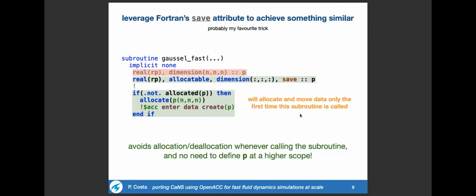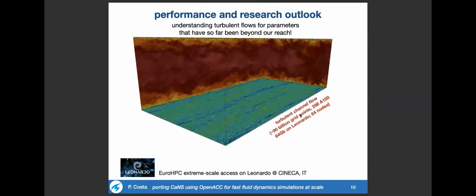And yeah, so now we are really happy because after all this effort, we have reached a really highly performing Navier-Stokes solver, and we got computing time on Leonardo, a EuroHPC flagship supercomputer, to perform simulations of turbulent channel flows at high Reynolds number, because there are still some outstanding questions about the nature of turbulence at very high Reynolds numbers that we still don't know.